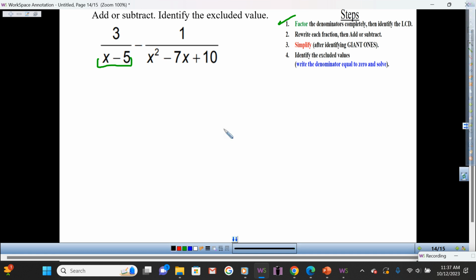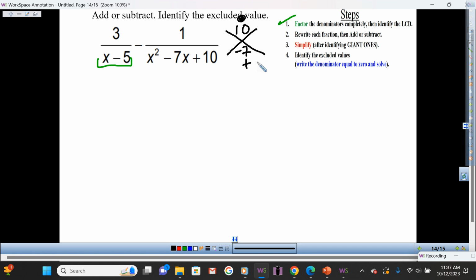We can factor it. So 10, and down here the negative 7. Tell your neighbor two numbers that when you multiply them give us 10, and when you combine them give us negative 7.